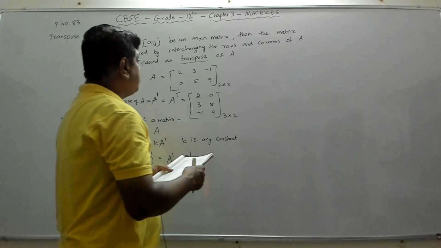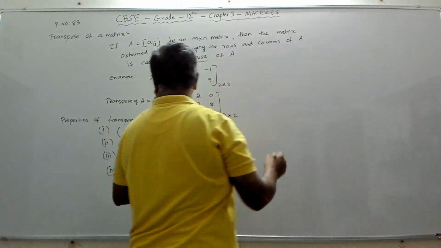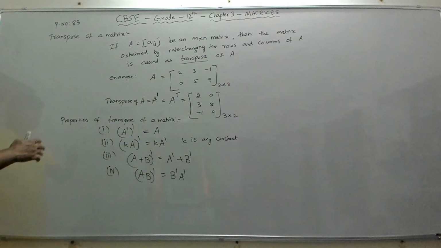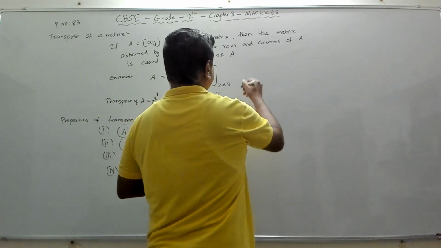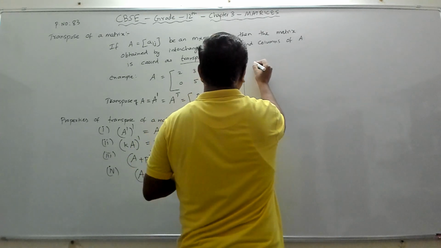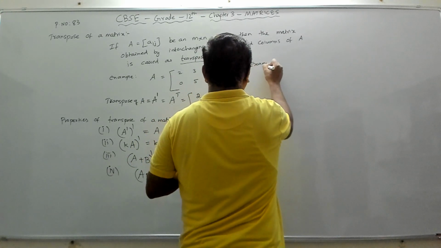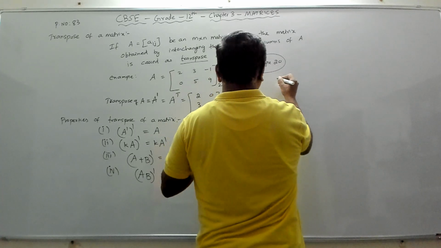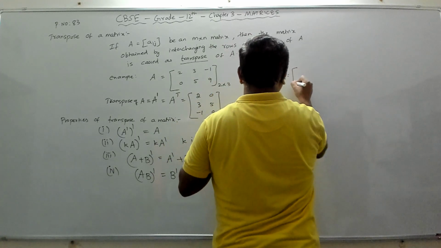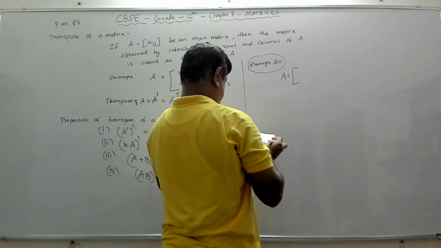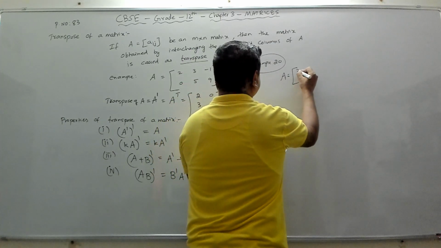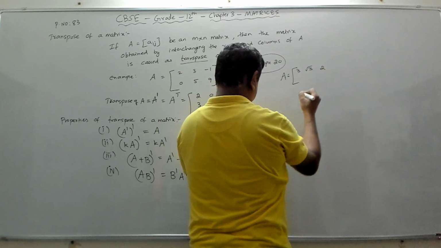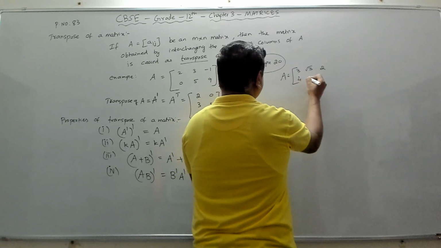Now we shall do example 20. All of you can take the notes. Example 20 says, matrix A is 3 root 3, 3 root 3 and 2, 4, 2, 0.